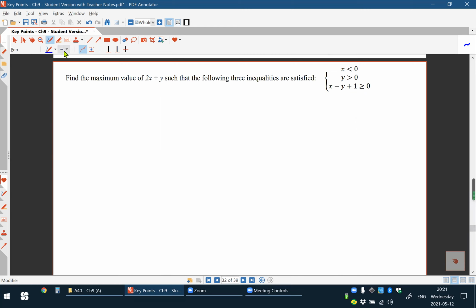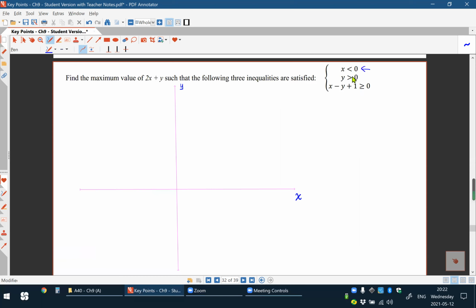Okay, first of all, let's draw a coordinate system. This is the y-axis, and this is the x-axis. Okay, first of all, let's draw this.